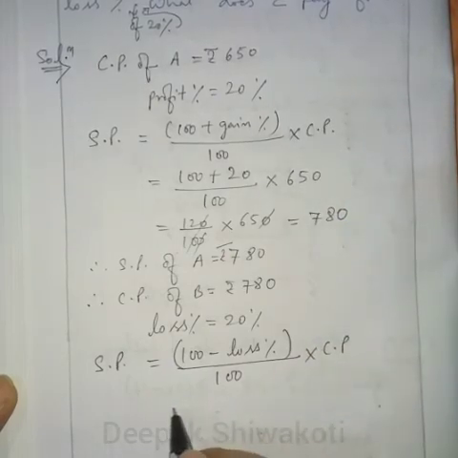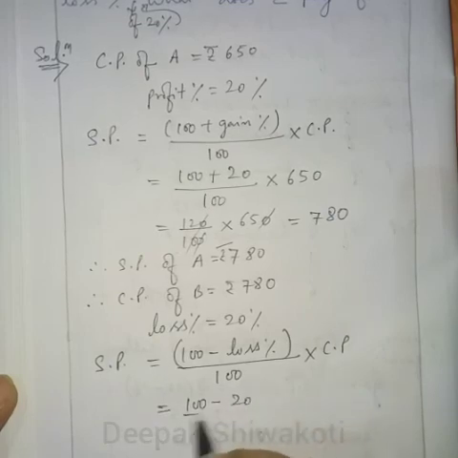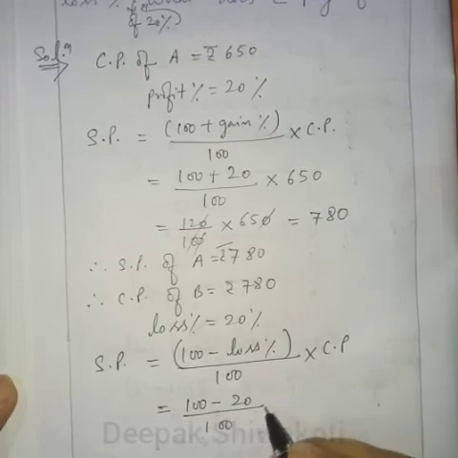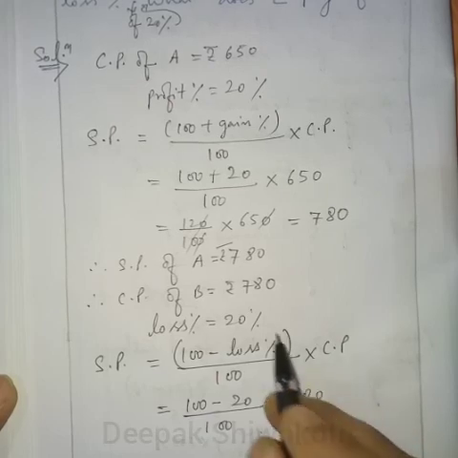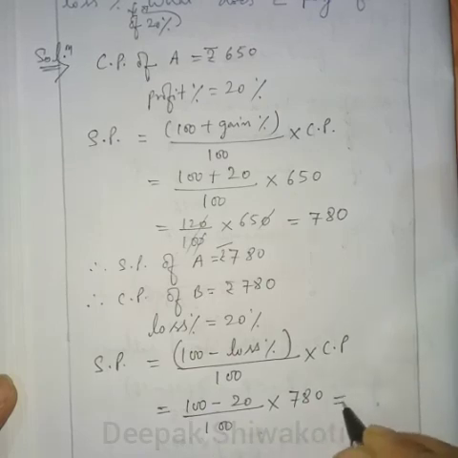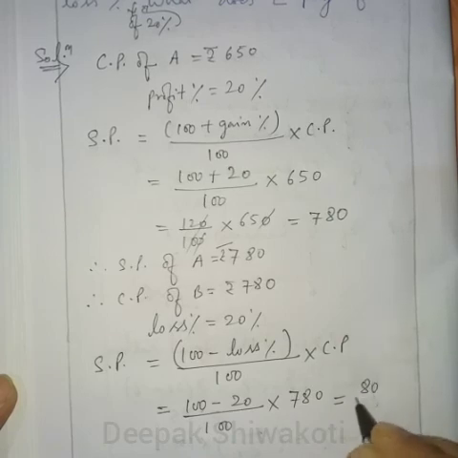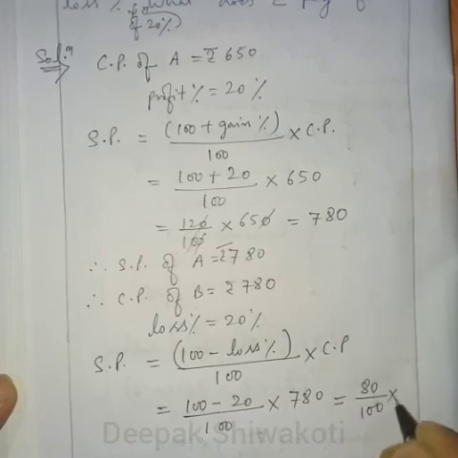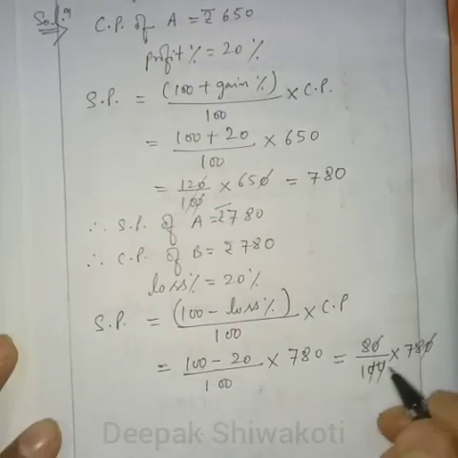Okay, so putting the value of loss percent, that is 20, here 100, here 780, because the cost price of B is 780. Just doing small calculation, this subtraction we got 80, 100 here into 780, 0 cancel, this 0 and this 0 cancel, 8 into 78, we will get how much?